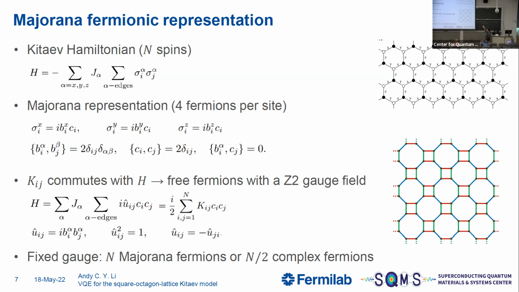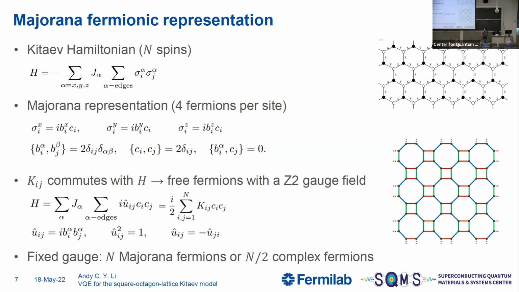If we introduce the Majorana representation, we basically use 4 Majorana fermions per site, and then we can do all the standard transformations. Ultimately, this Hamiltonian can be written down as a 3-fermion model.